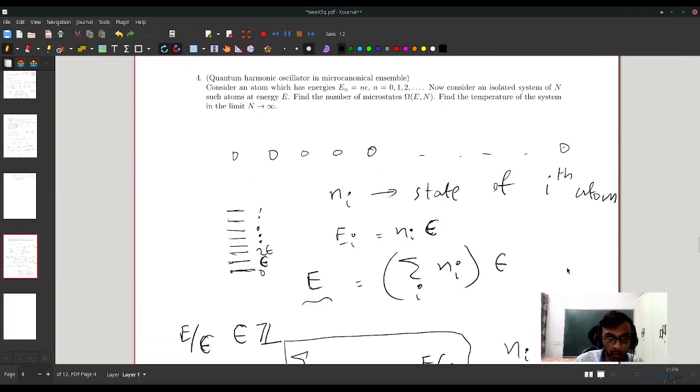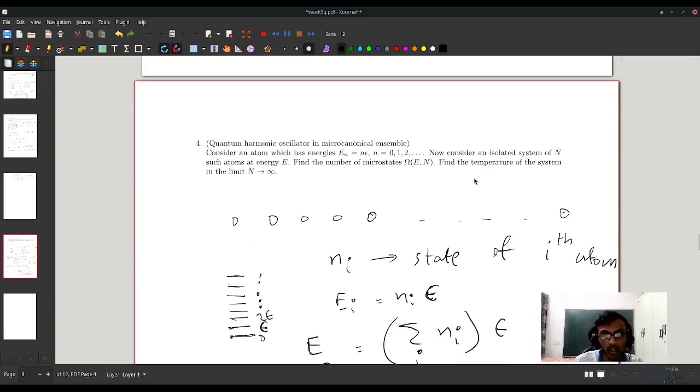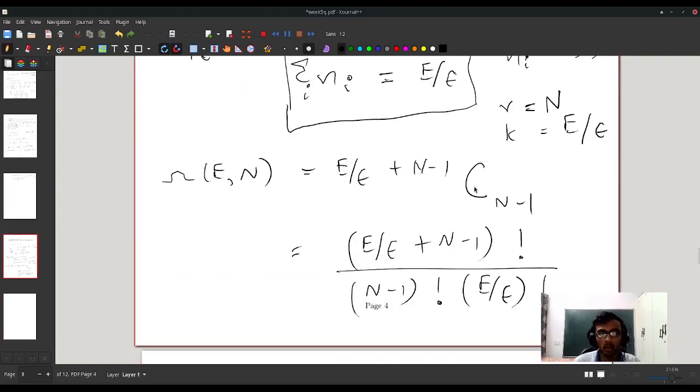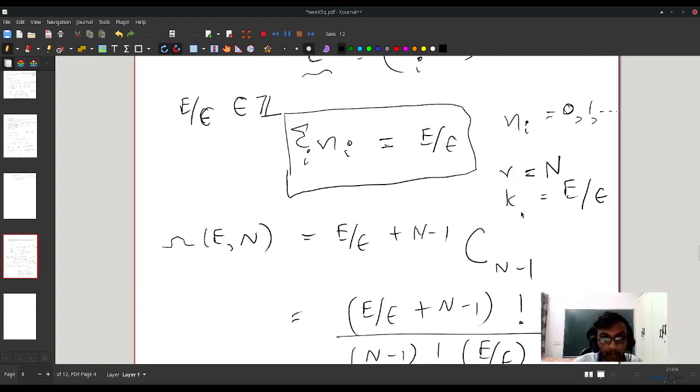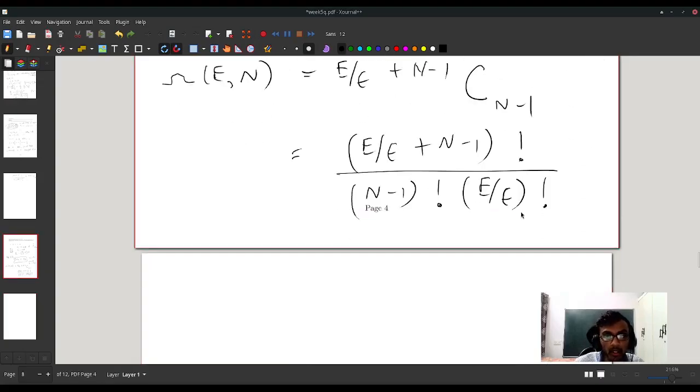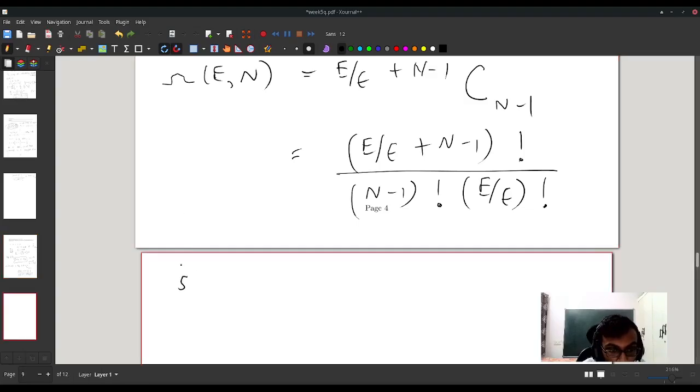So this is the number of microstates that we need, and now the next part of the problem is to find the temperature of the system in terms of energy, or equivalently expressing the energy in terms of the temperature. This is again the standard crunching in the microcanonical ensemble.